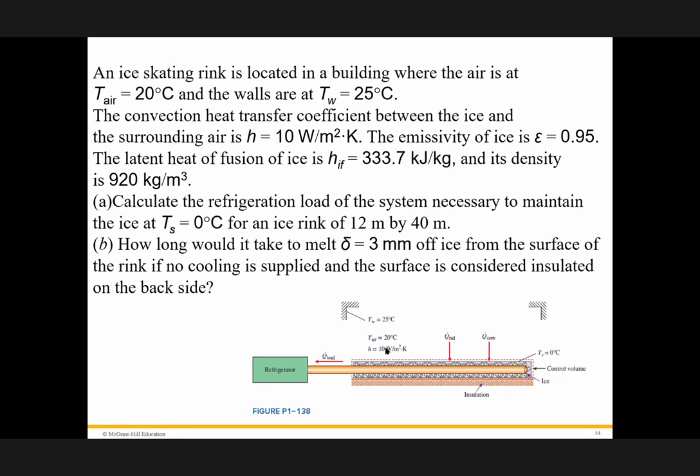We already know the h value, we know the temperature, and we know the temperature of the surface is 0. And also the surrounding, because it's a room, the wall of the room is at 25 degrees. And the exchange between the ice and this room is between 0 degree and 25 degree. Could you please write down the equation and do the calculation fast?